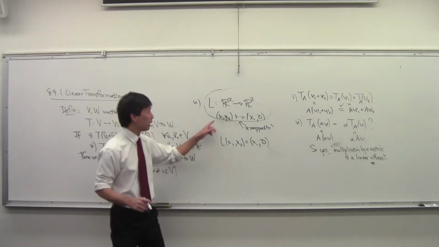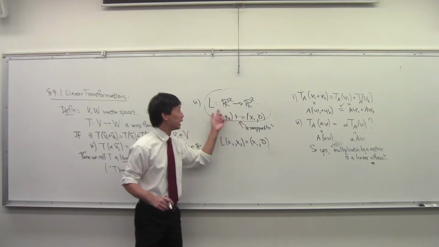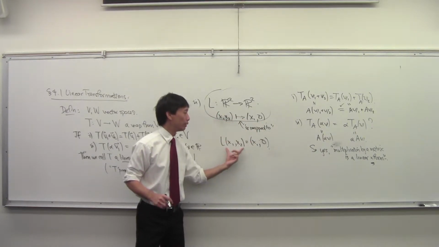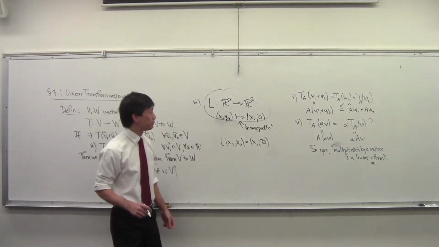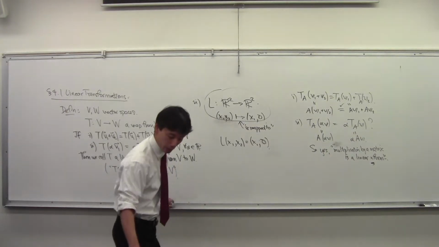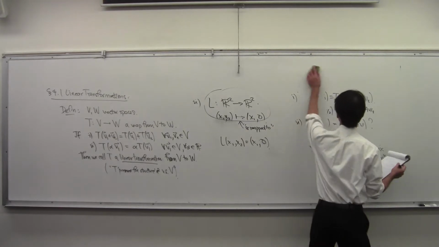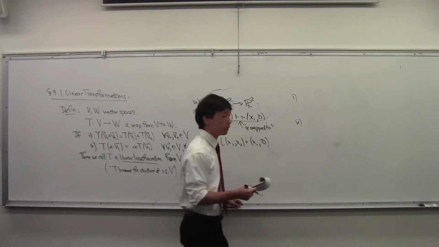I'm pretty sure I haven't used this notation before. All this means is that L1 of x1, x2 is x1, 0. Is this a linear transformation?